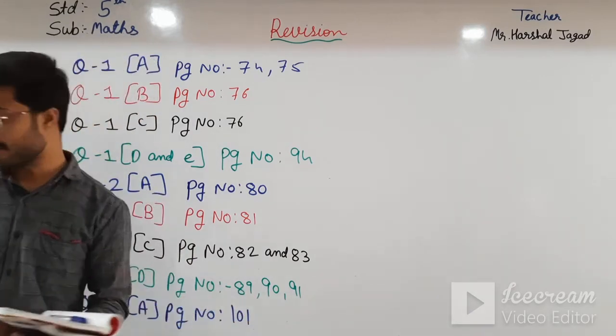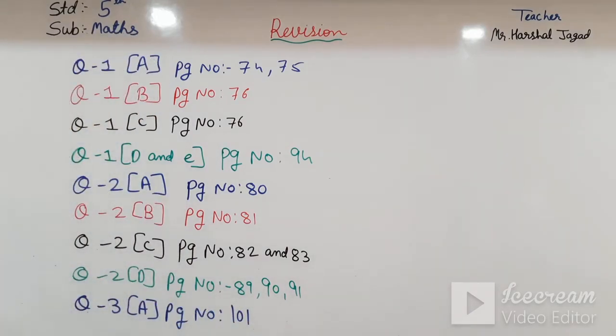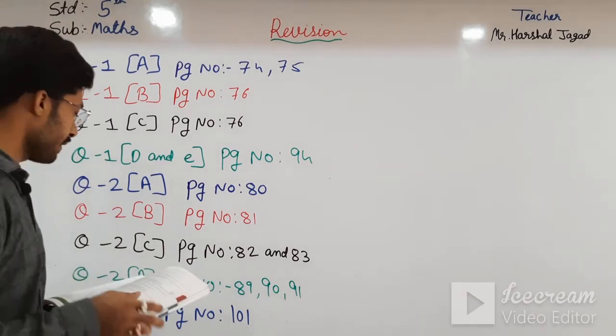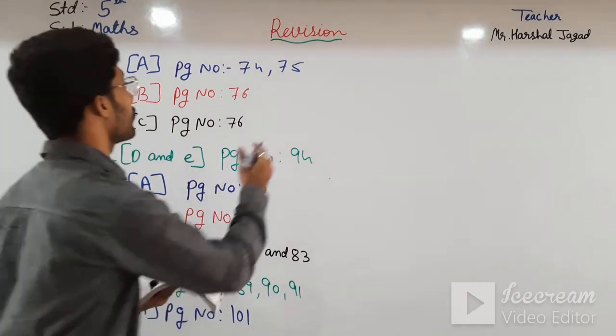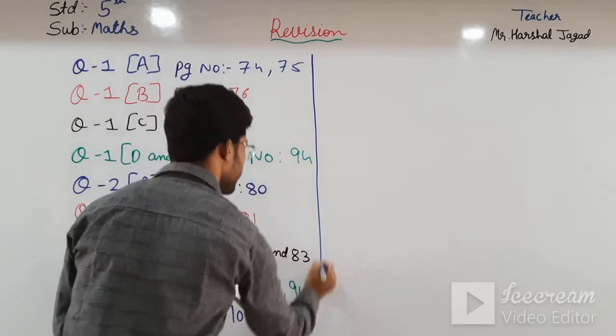Okay, moving towards next, that is question number 3b, that is LCM. So how we will find the LCM, that is on the page number. Here I am just making a line so you can get all the things.